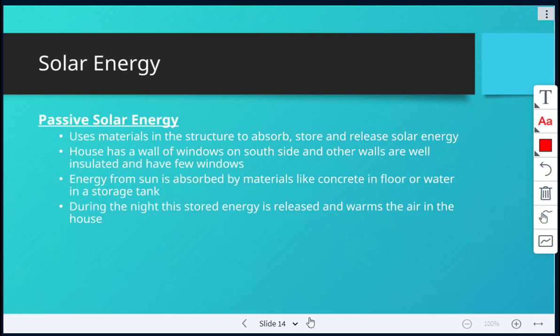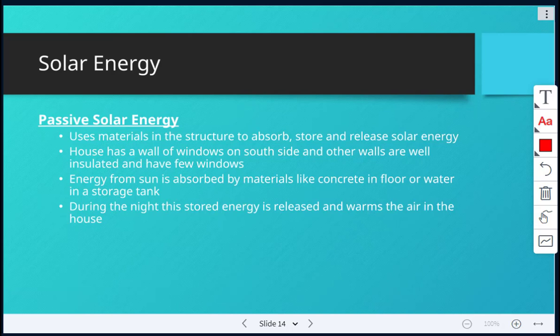So we'll talk about passive solar energy first. This is when we use materials in the structure to absorb, store, and release solar energy. For example, in a house, there's a wall of windows on the south side, and other walls are well insulated and maybe have fewer windows.